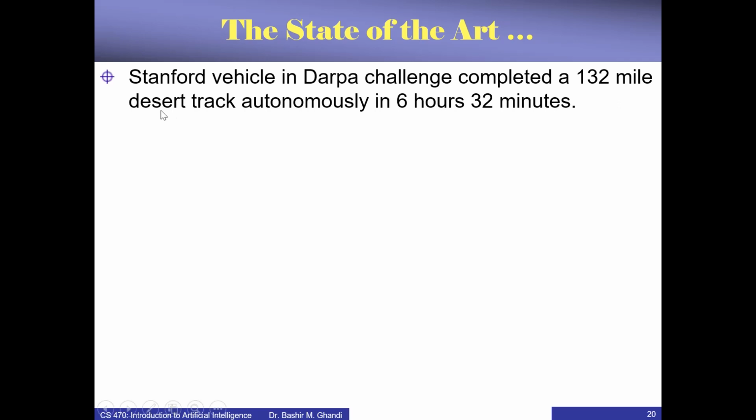But this vehicle was able to complete that challenge and did 132 miles on its own in 6 hours 32 minutes. So this again was greeted as a very big development.